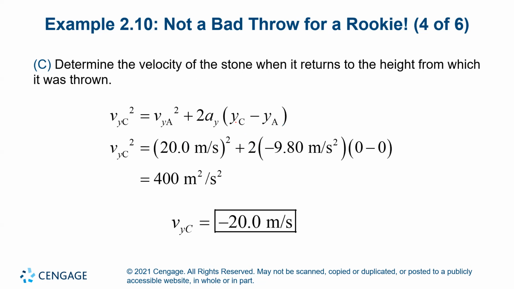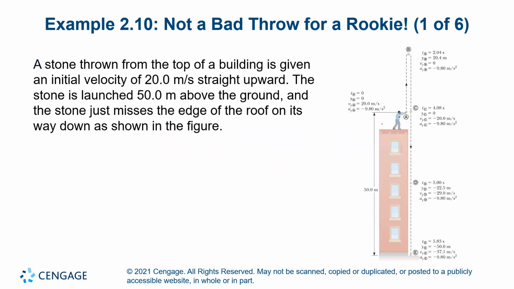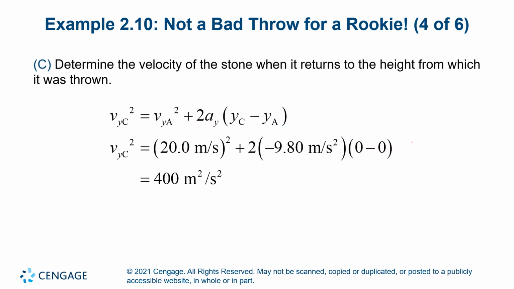So this is the solution. And what is VyC? VyC here is defined as the velocity at point C, which is at the same level as point A where the ball was thrown. VyA is the velocity at which the object was thrown.